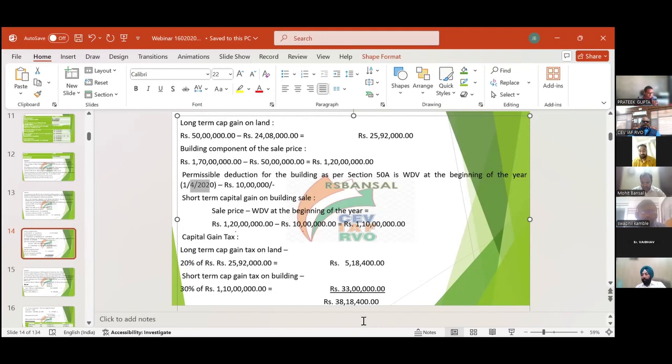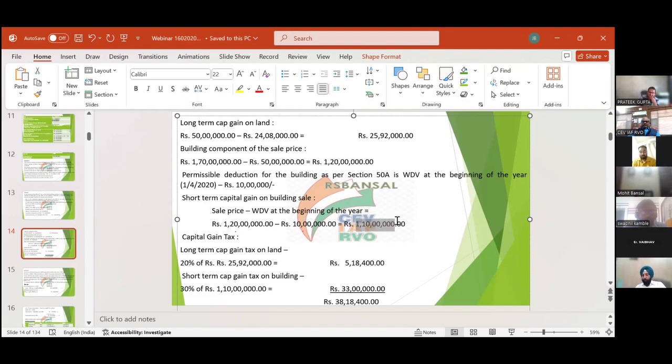So the building part will attract short-term capital gain. So we have to calculate it separately. So here the building component is 1 crore 20 lakh, but the written down value is only 10 lakh.